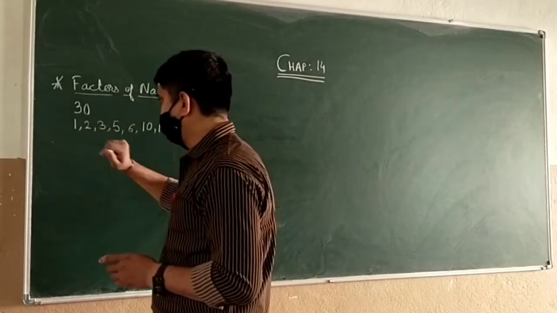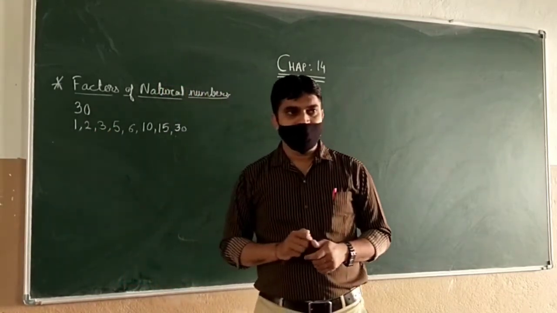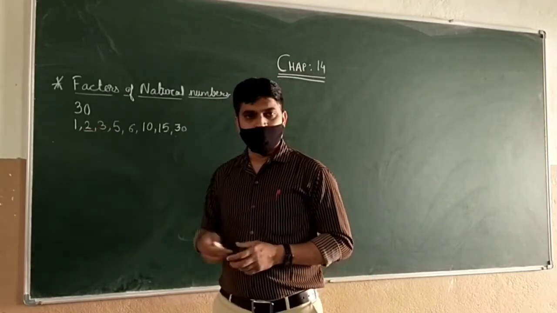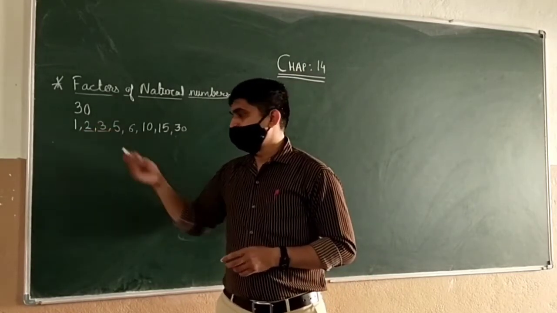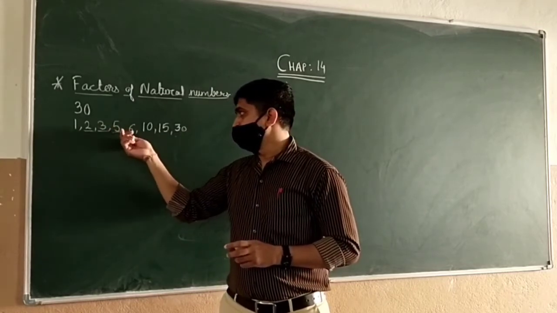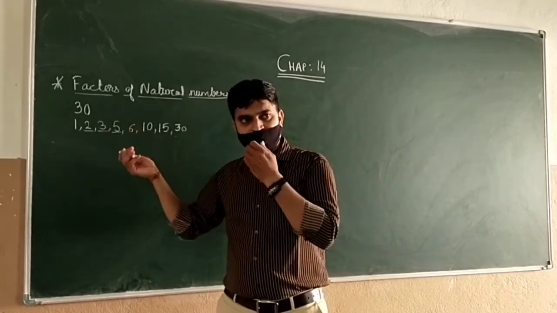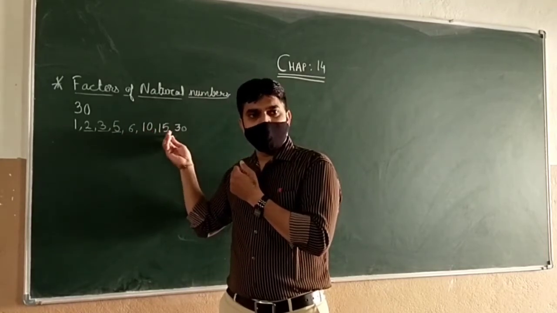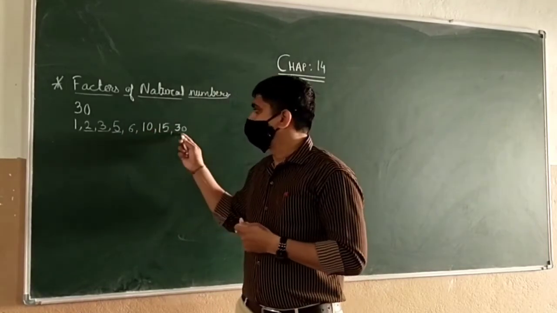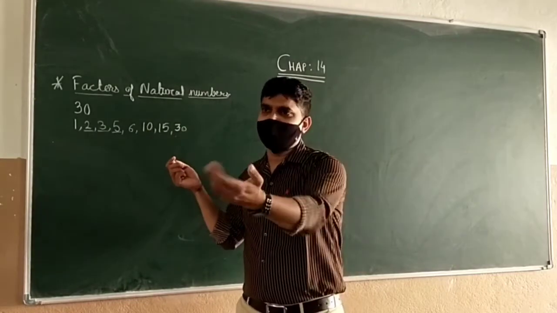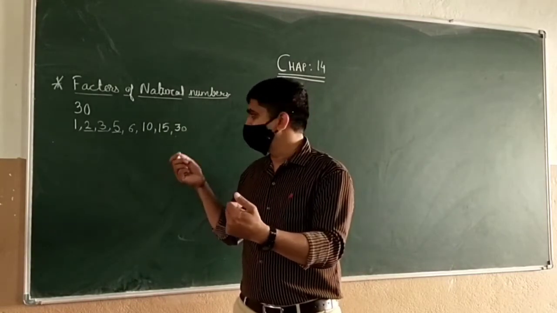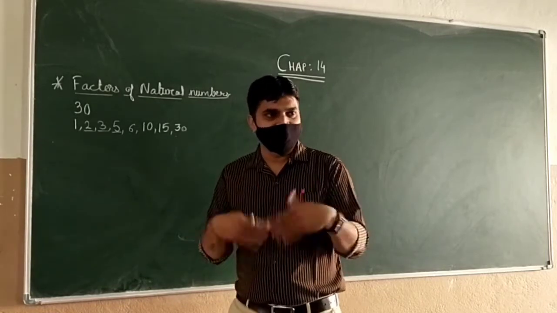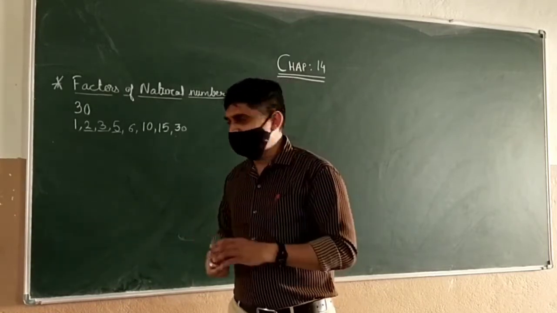So, what are the prime factors of 30? 2, 3, 5. Is 6 a prime factor? No. 10, 15, 30 are not prime factors either, because 30 comes in other tables also: 2's table, 3's table, 5's table.